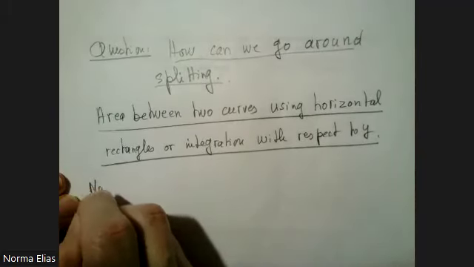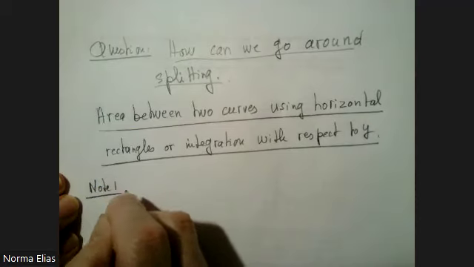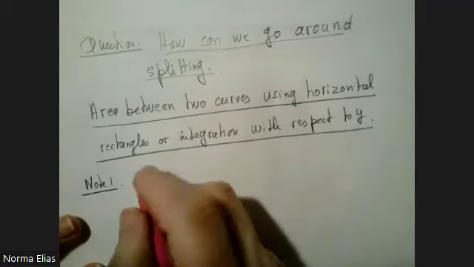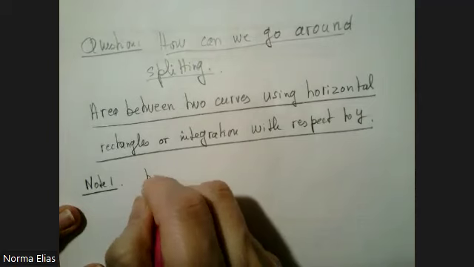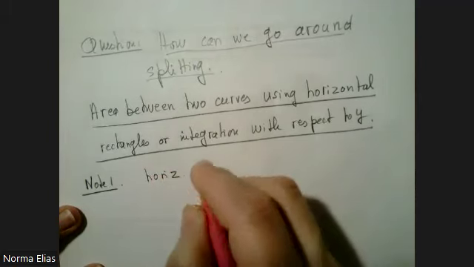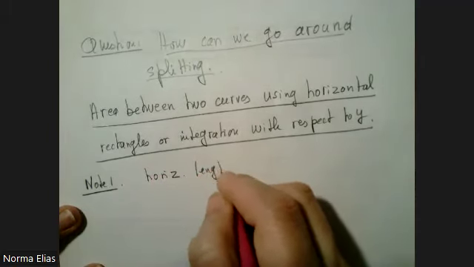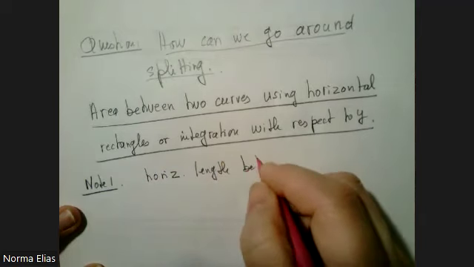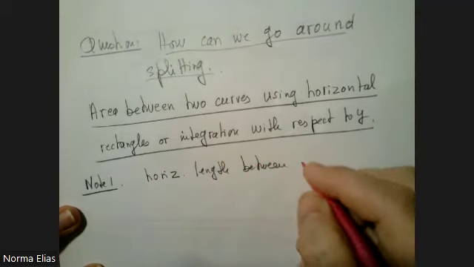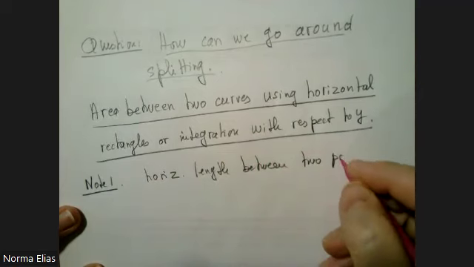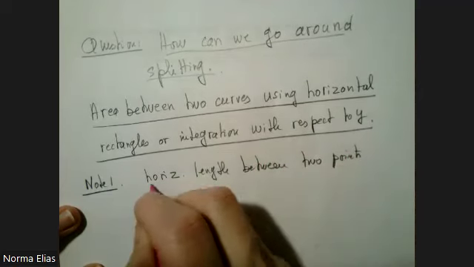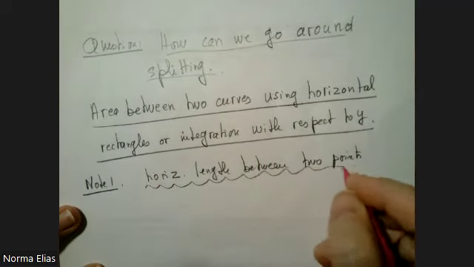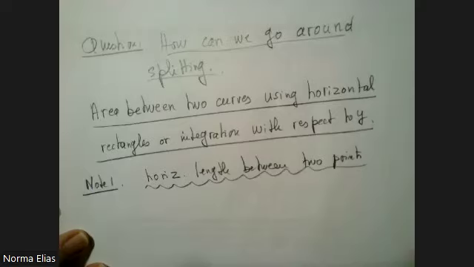The first note is the following. Horizontal length between 2 points. Last time we did the vertical length between 2 points, and we said it's the upper minus the lower.